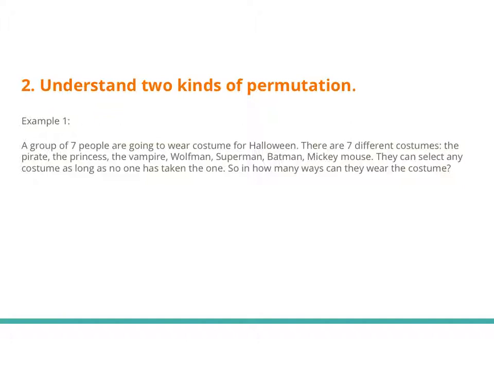Okay, I suppose you already thought it through. The first step of solving this problem is to know what the problem type is. Here we have 7 people and 7 costumes. If we contrast this new problem with the problem we solved before, you can see this one is pretty similar to the one we addressed before about 6 people taking a group picture together in a line.